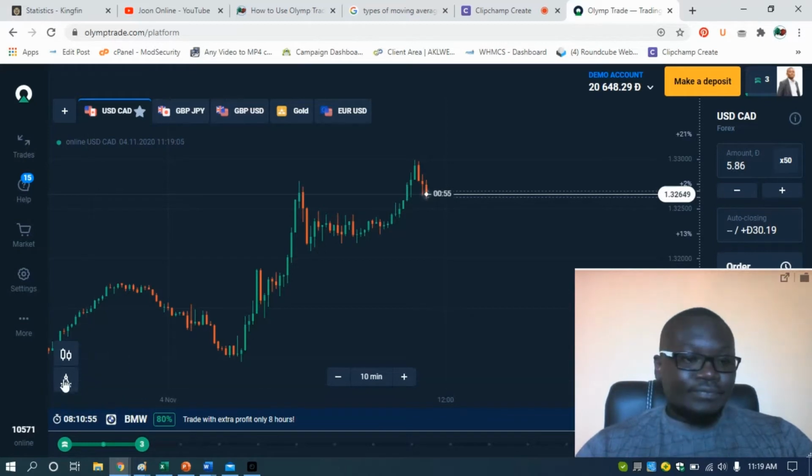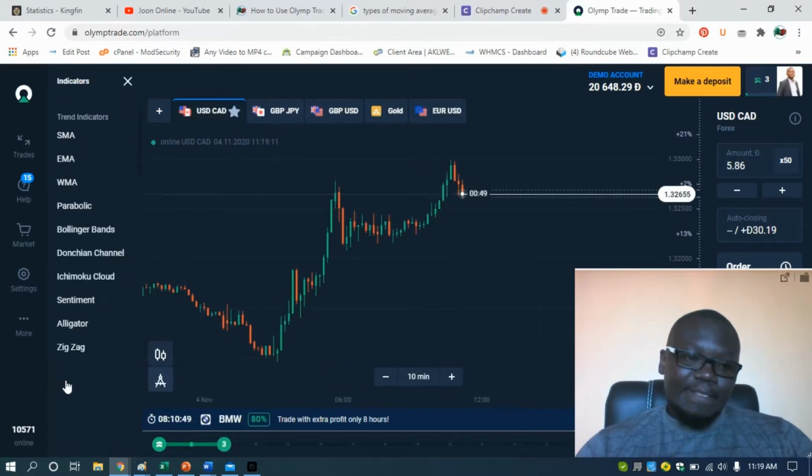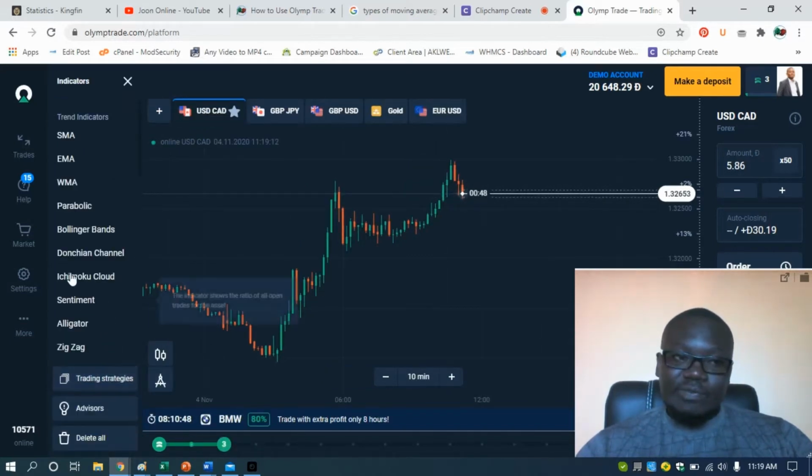To set up the SMA indicators on your platform, just click on this A sign that you see on your platform. We have the SMA, the EMA, and the WMA on Olymp Trade.